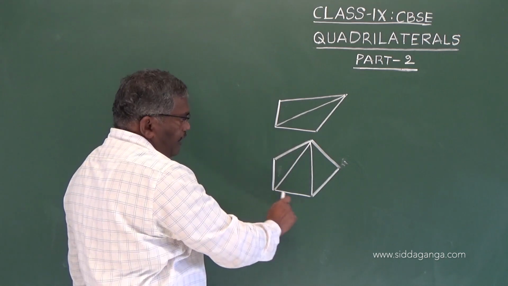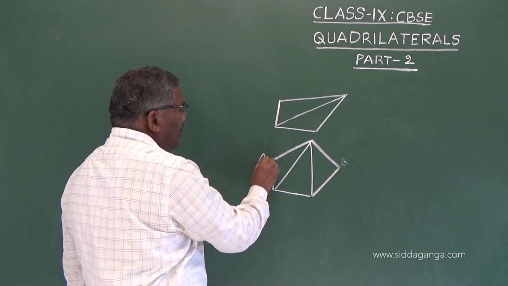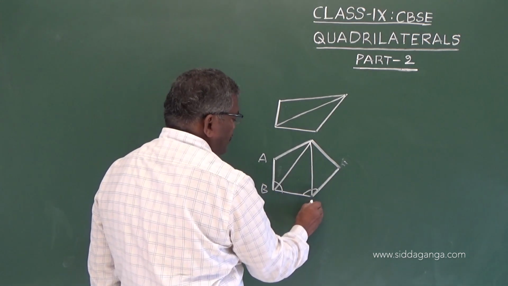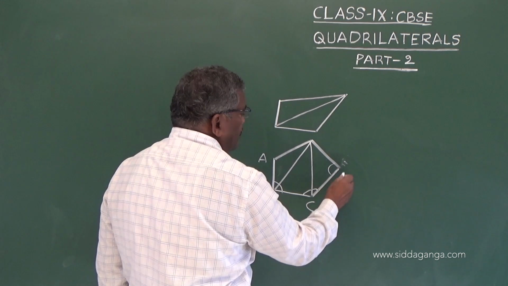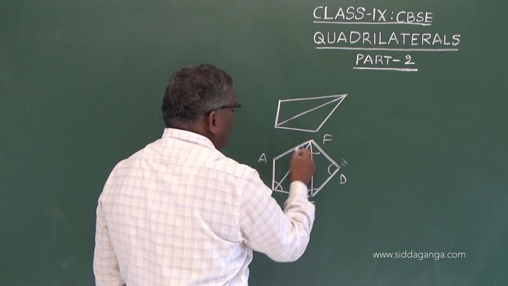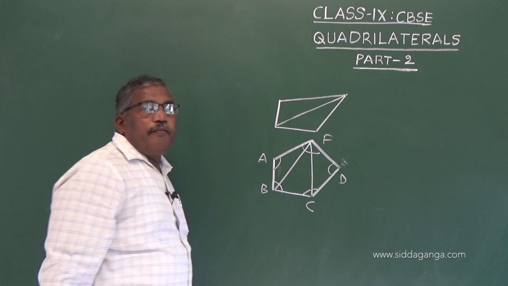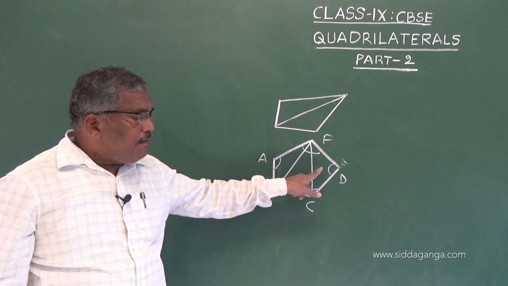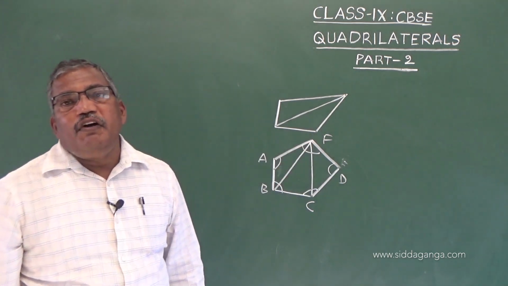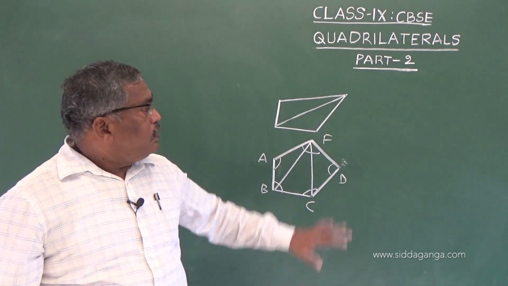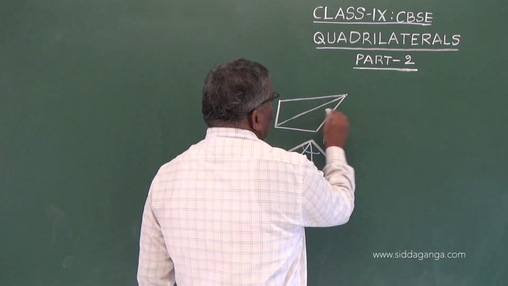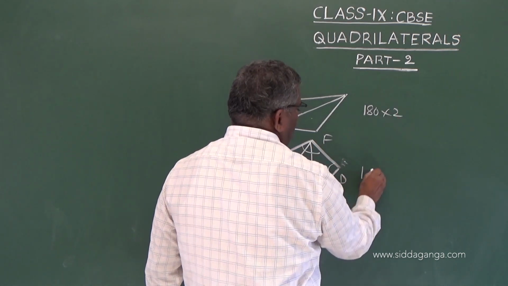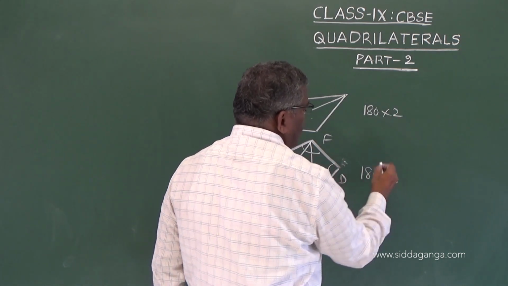In a similar fashion, this is 180 plus 180 plus 180. If you add up, you will get angle A plus angle B plus angle C plus angle D plus angle E, which is 180 plus 180 plus 180, so 540. In this case it is 180 into 3.